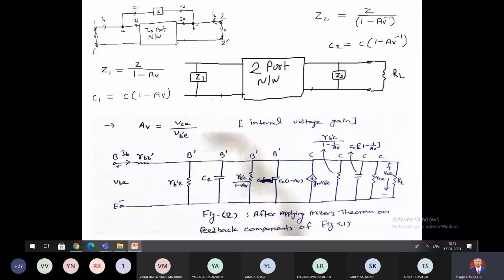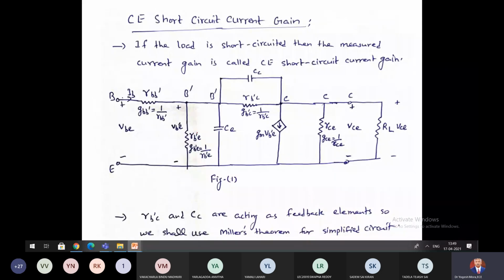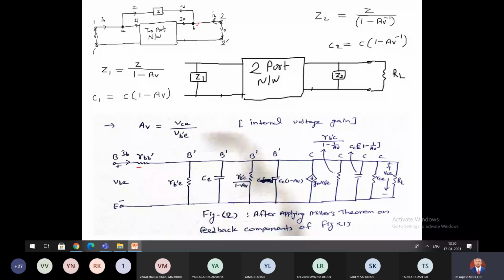So now you see, we will get this diagram. If you recall this diagram, the only thing is at the input side, we have added one Z1 which represents this, and C1 which represents RBB dash, it was there, RB dash E, it was there, CE, it was there.